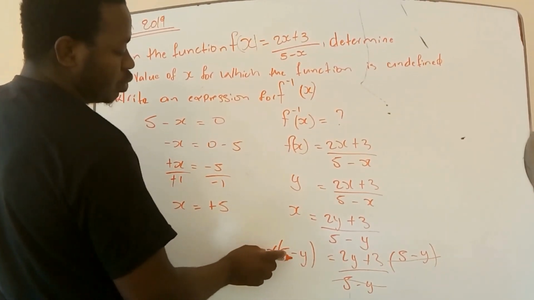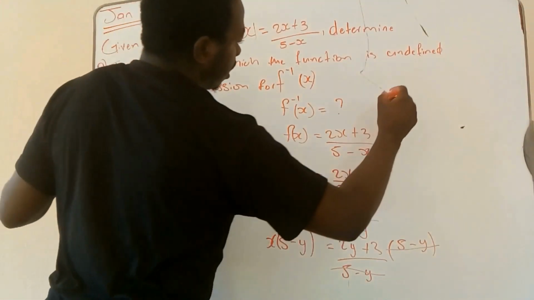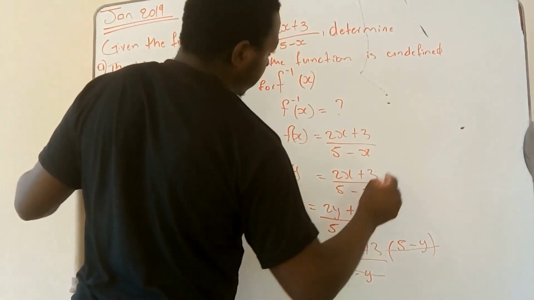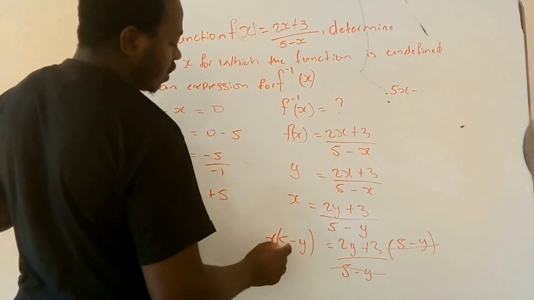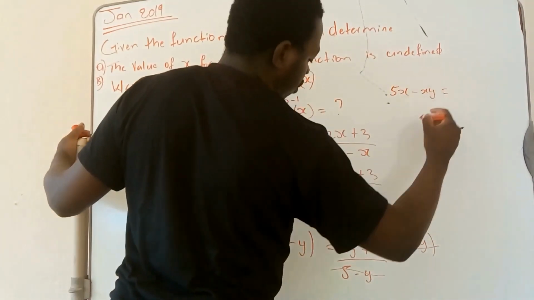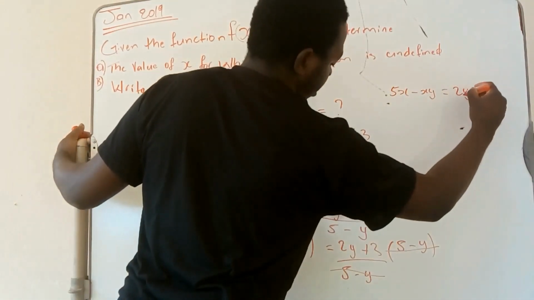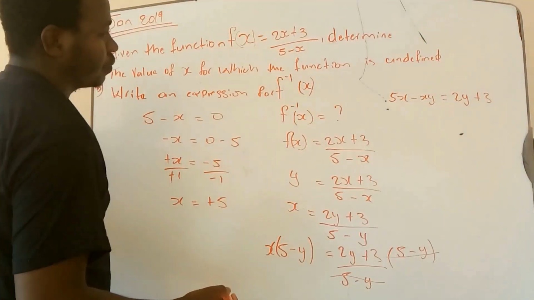But we can just distribute this. If I take x to multiply each term, I end up with x times 5, that is 5x, minus x times y, that is xy, equal to 2y plus 3.